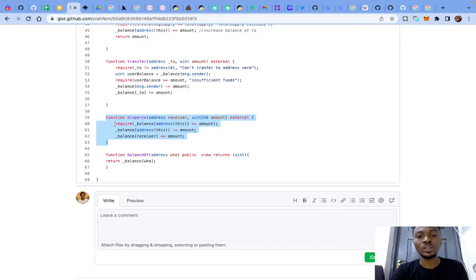So we will ensure that the balance in this contract is not less than the amount the person is trying to send out. We reduce the balance in this contract, and then we send the balance to the recipient. This is the function that helps people check their balance. So it returns the balance of whatever address is sent into it.